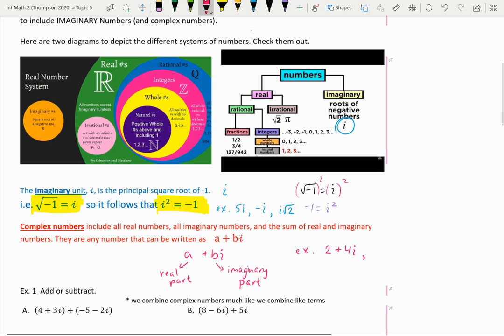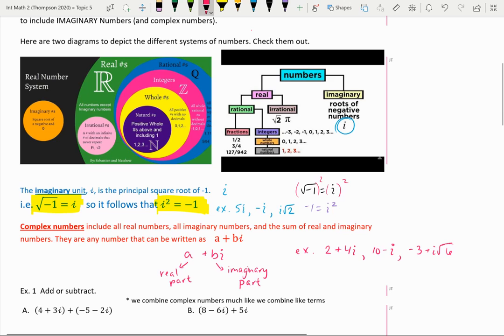So 2 plus 4i, that's an example. How about, let's see, 10 minus i could be an example of a complex number. -3 plus i radical 6, that could be a complex number there.